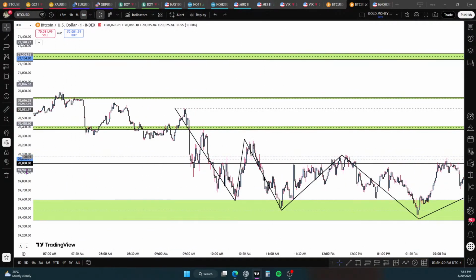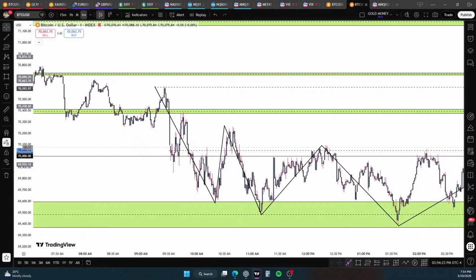But the only thing that I don't like about it is how this is a three drives pattern in itself. So we have 1, 2, 3 drives lower, and then we also have the 50% and the full redistribution of that.